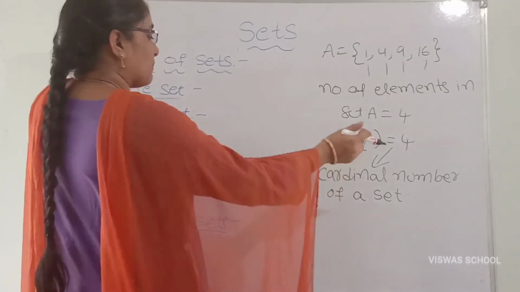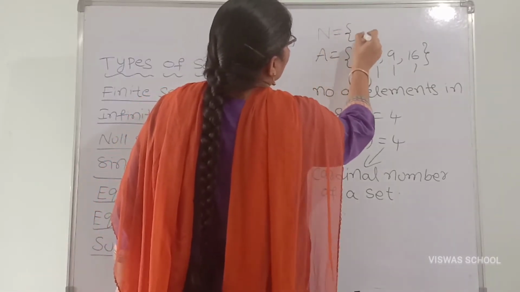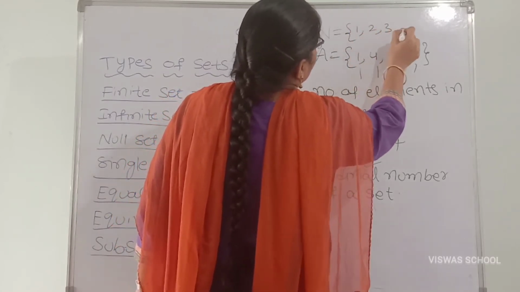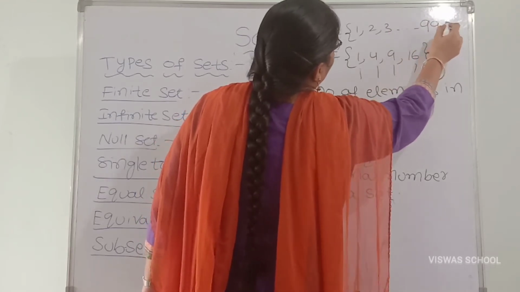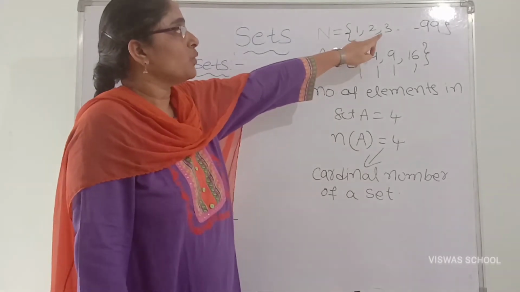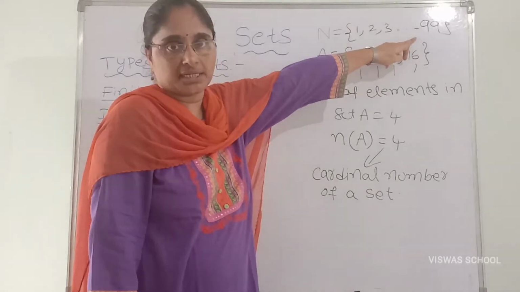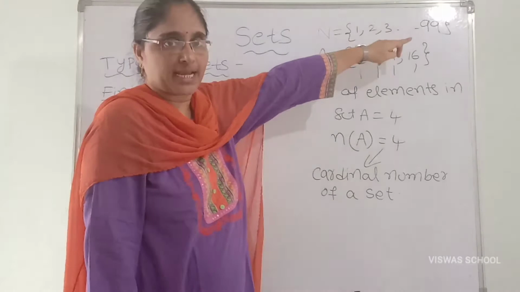Here is one more example. N equals 1, 2, 3, so on up to 99. These are the natural numbers from 1 to 99.